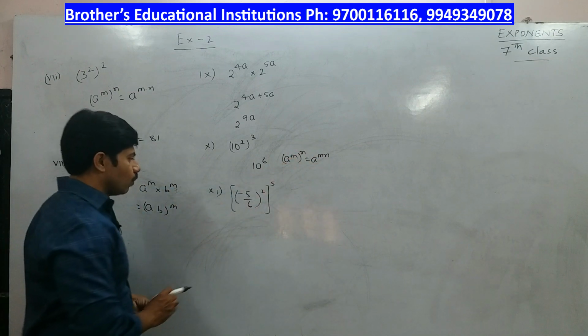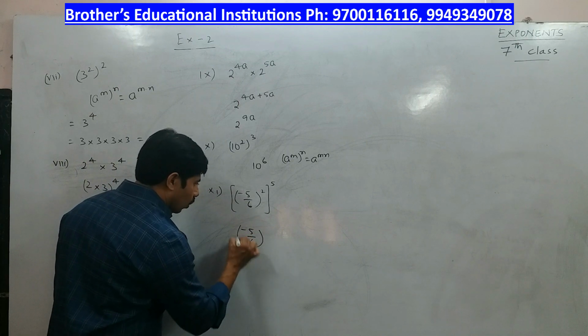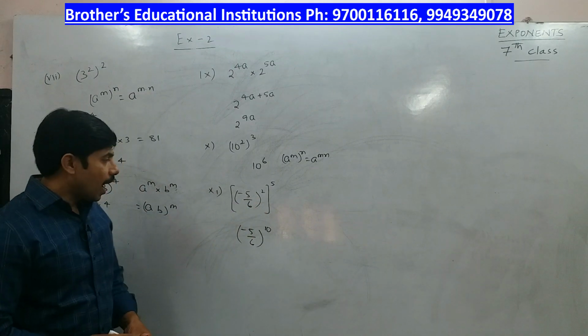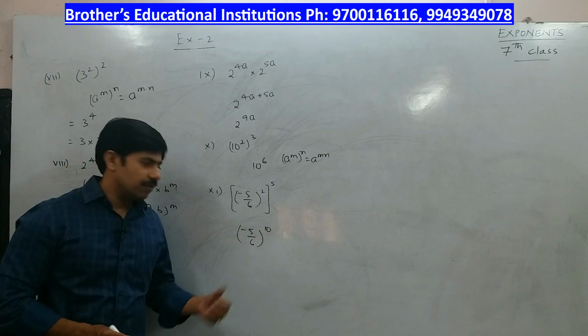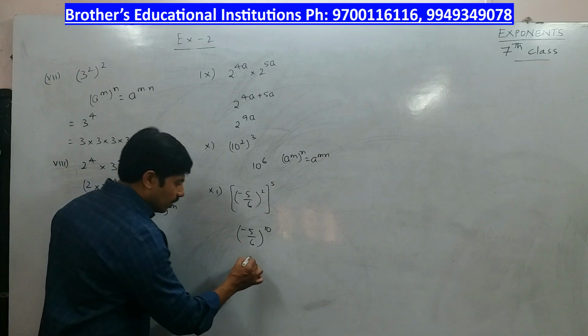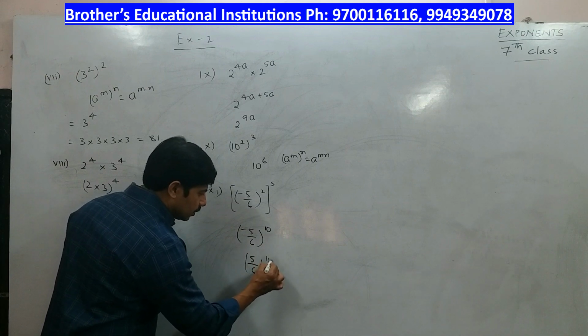So according to this, we get minus 5 by 6 whole to the power of 10, because 5 into 2 is 10. As the power is even, we can neglect the minus sign. Just remove the minus sign and write. Whenever we have an even power, you can neglect the minus sign.